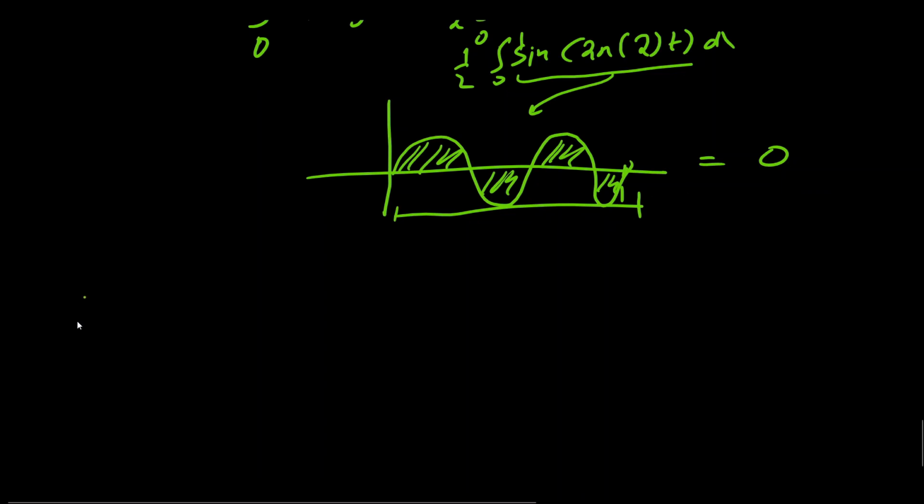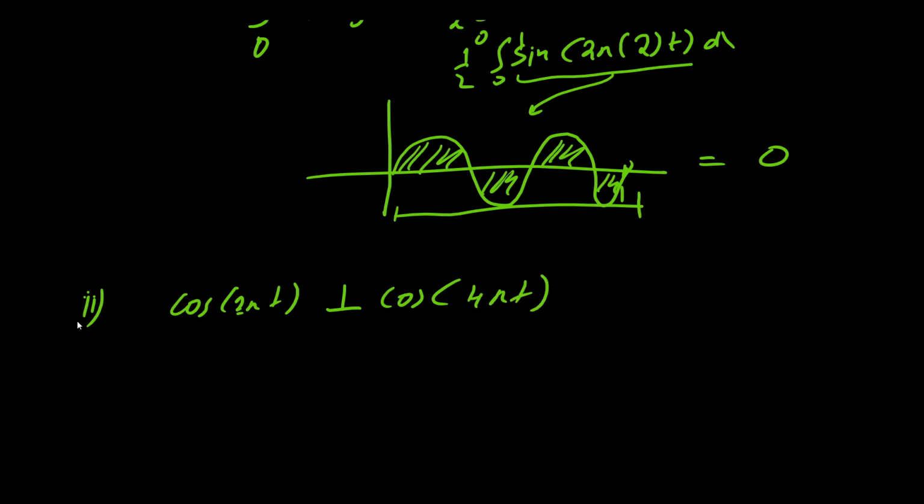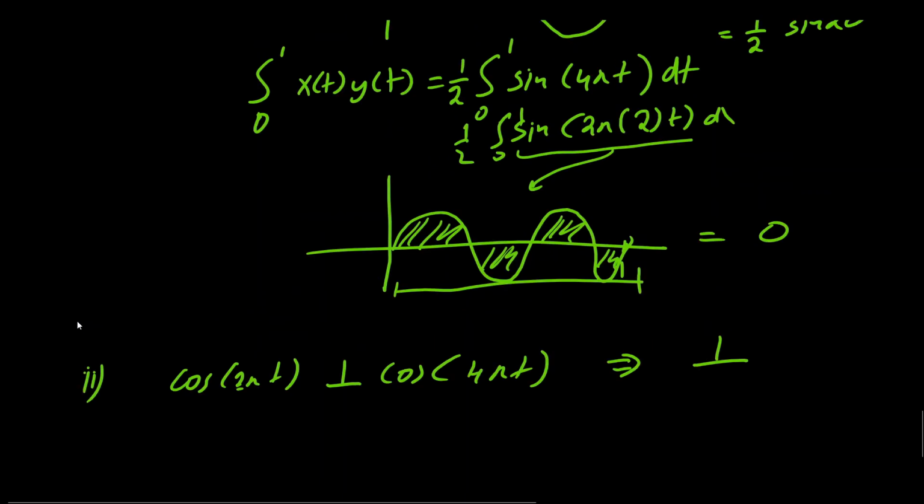Similarly, for the compact trigonometric Fourier series, we can take the example of cos 2 pi t and see if it is perpendicular with cos 4 pi t. The orthogonality principle says that they are in fact perpendicular, so see if you can achieve this kind of result.